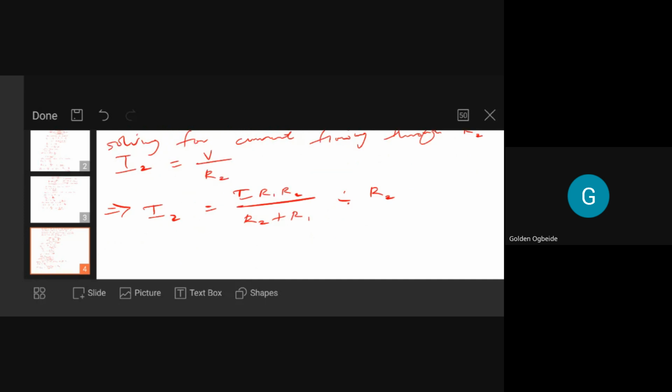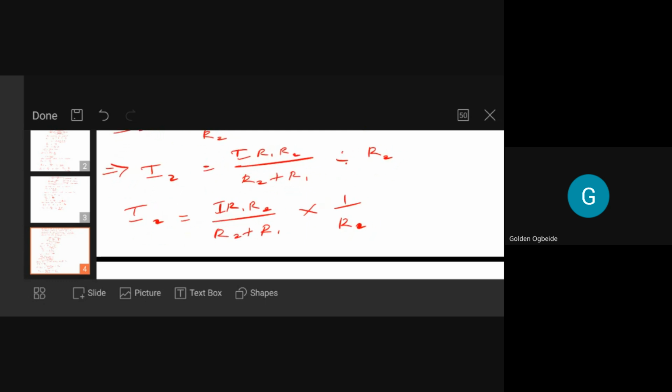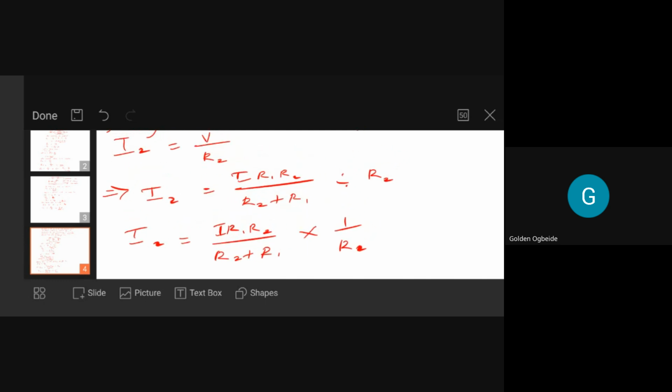And whenever you have division, you change to multiplication by flipping the fraction. So I2 becomes I R1 R2 all over R2 plus R1, multiplied by 1 over R2. You see that the moment I change it to multiplication, it became the inverse.